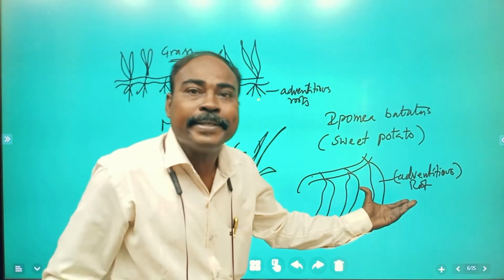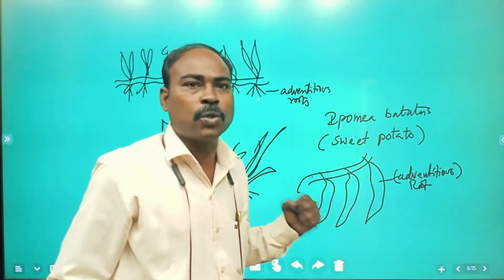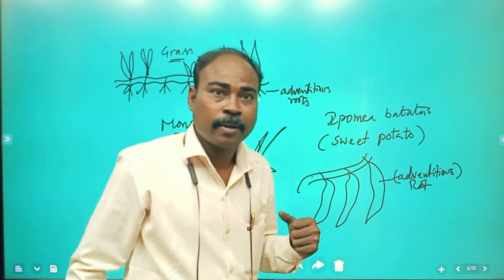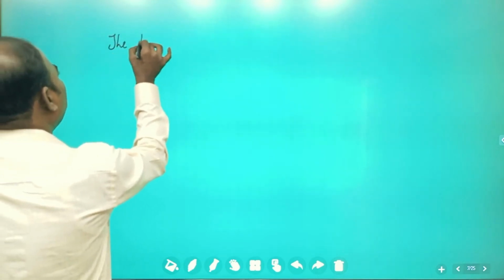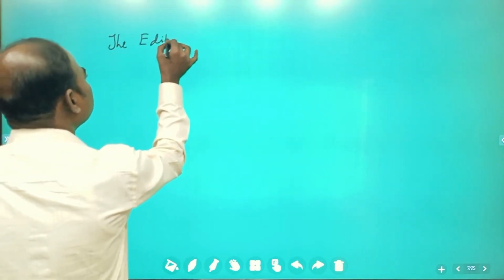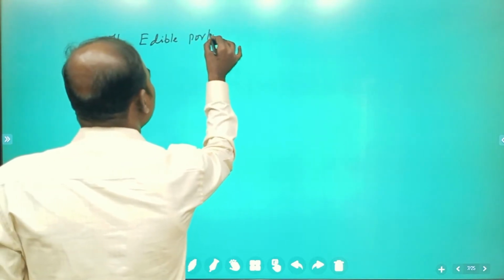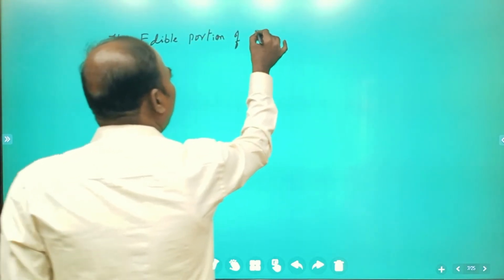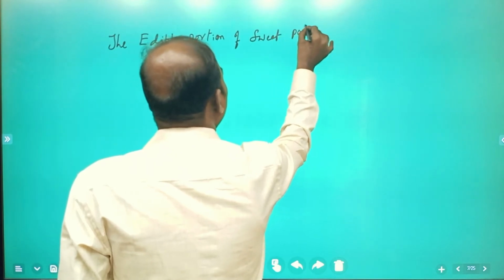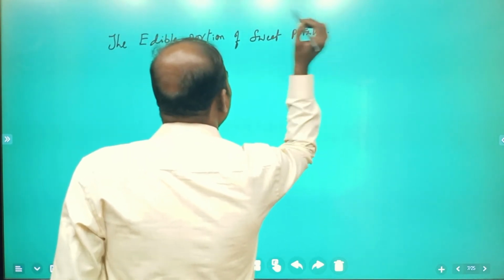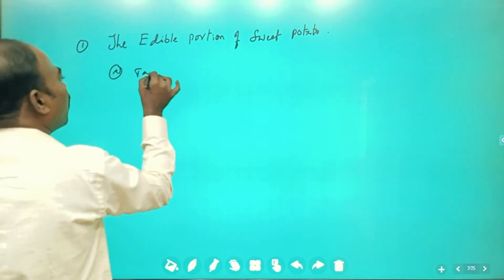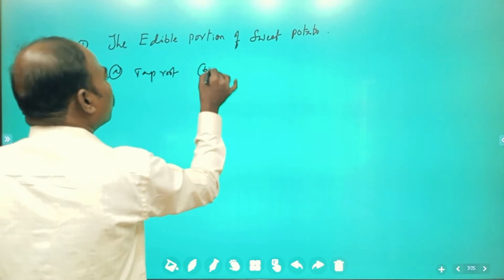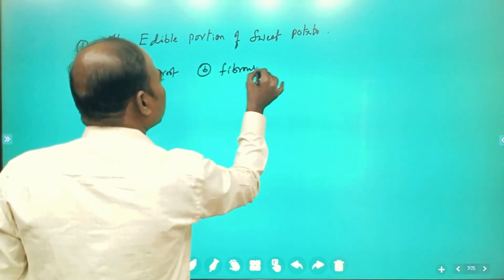In 2018, NEET examination, main exam, this question was asked. What is the question? The edible portion of sweet potato. Answers: A. Taproot. B. Fibrous root.